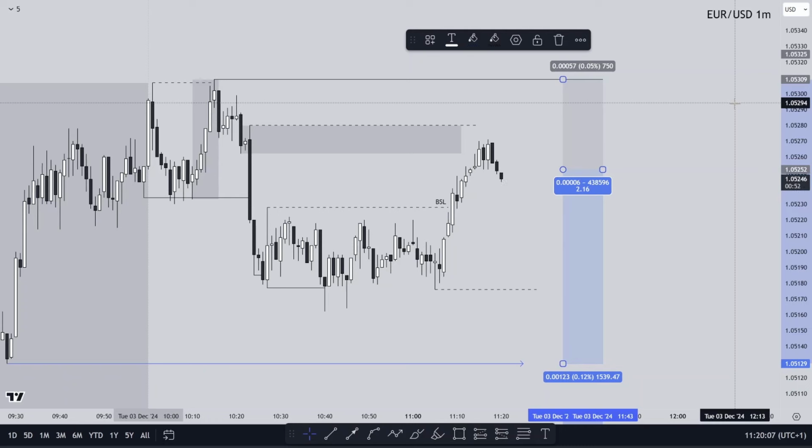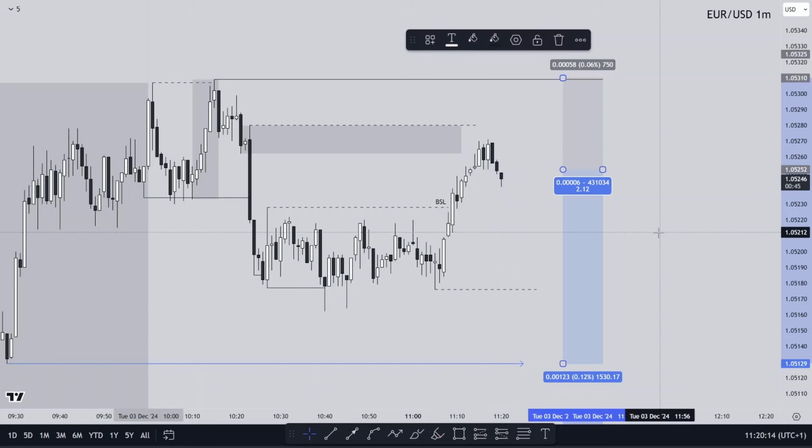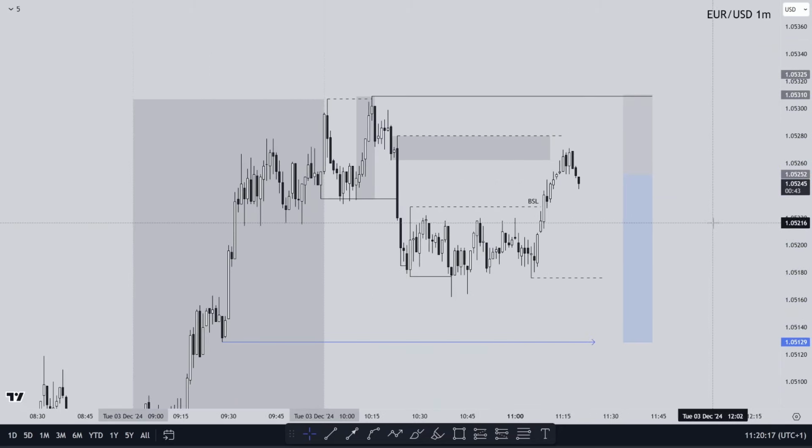And the level of stop loss is very similar because it is 1 pipette above. Perfect. So this is my trade.